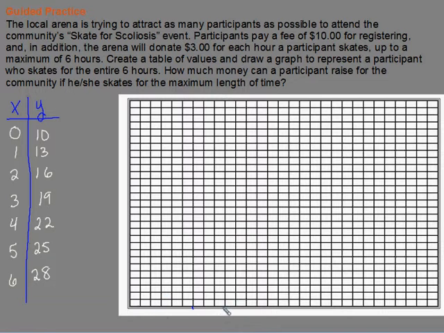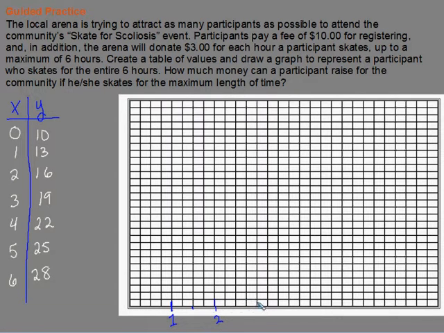So instead of making each line worth 1, I can scale this out by making each line worth 2, and that would bring my graph out this far. Or I could make it by 3, and it would bring my graph out this far. Or 4s. You see I'm stretching the graph out? So I'm going to go by 4s, and I'm going to say every 4th square is 1.